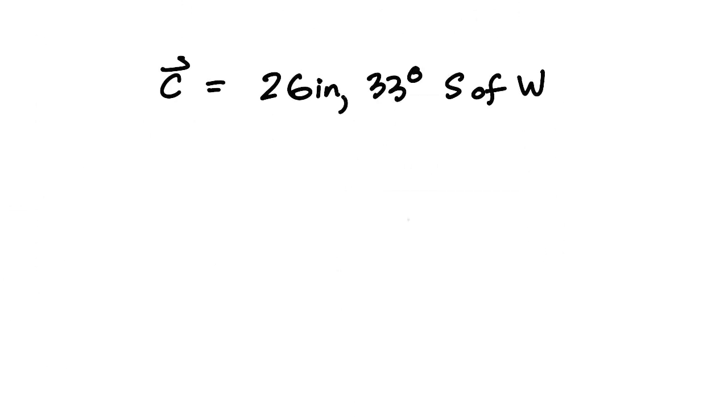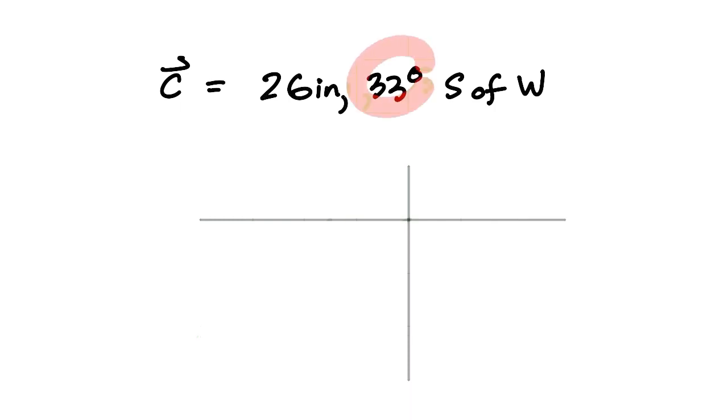Let's look at another example. So, we have vector C. Vector C is 26 inches, 33 degrees south of west. So, let's draw an axis para ma-sketch natin itong vector na ito. Now, yung direction niya says 33 degrees south of west. So, like sa ginawa natin kanina, we will start with west, tapos we will move towards south by 33 degrees.